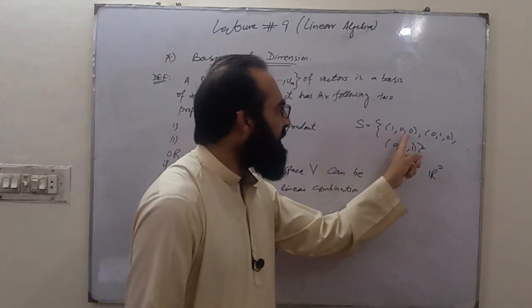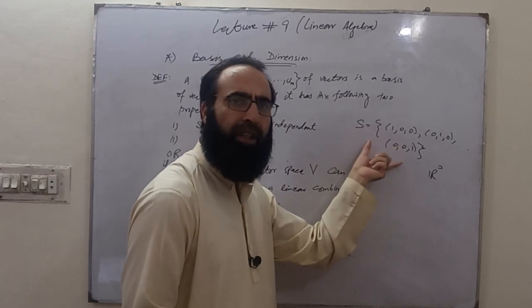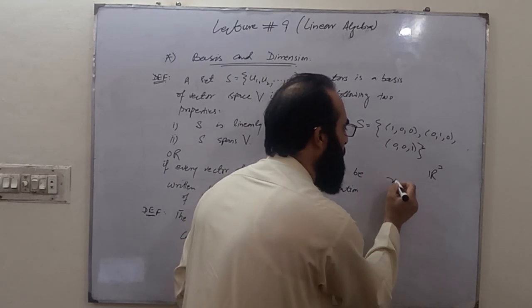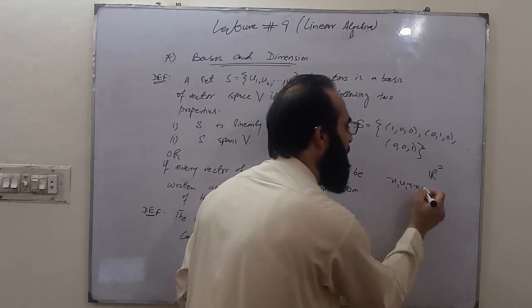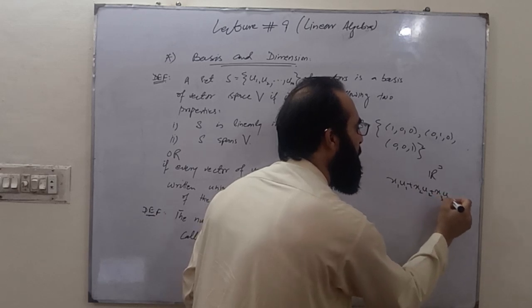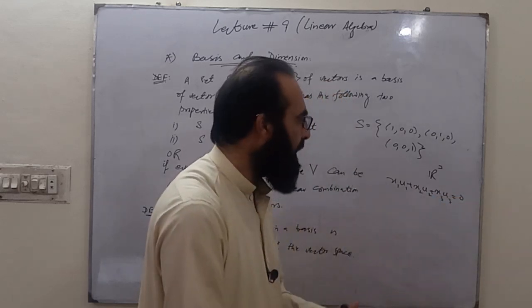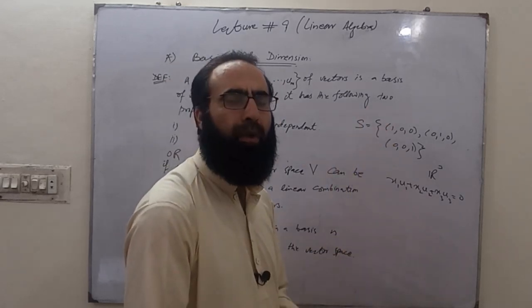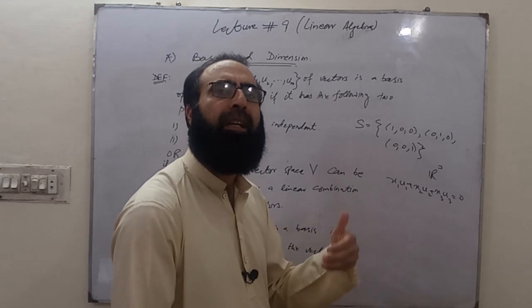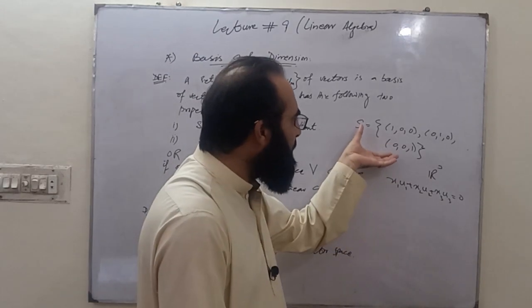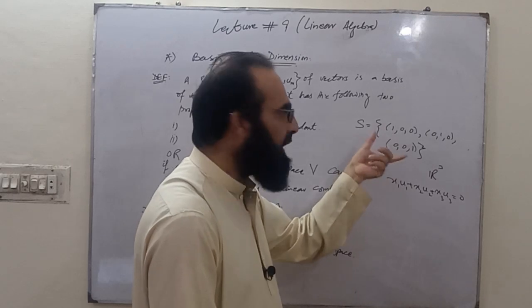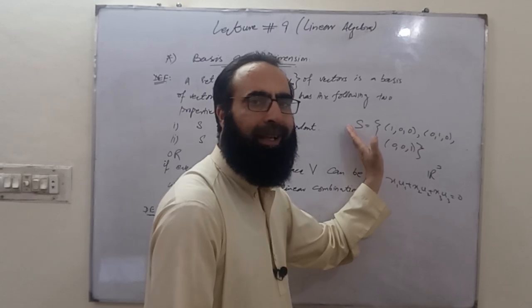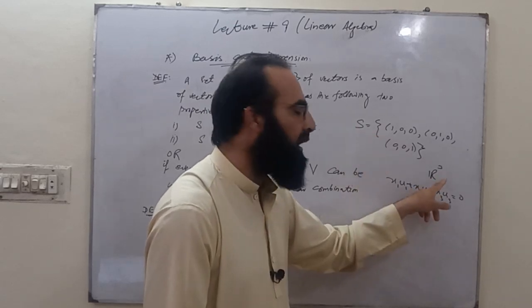Since the vectors of this spanning set are also independent, you can check it by using this equation: x1 u1 plus x2 u2 plus x3 u3 is equal to the 0 vector. Also, you can take help from the previous lecture number 7, which was related to independent and dependent vectors. Since the vectors in this collection are independent, and this collection spans the whole vector space, this collection is a basis for R cube.